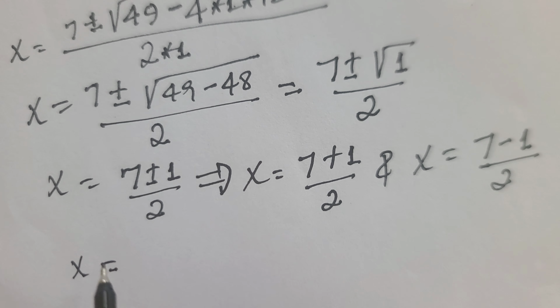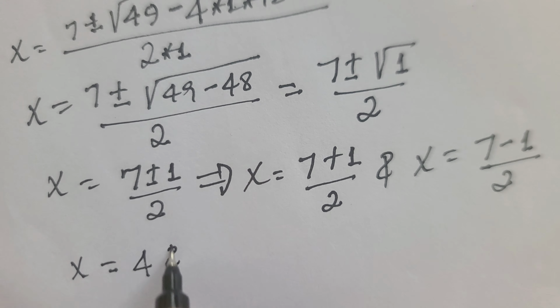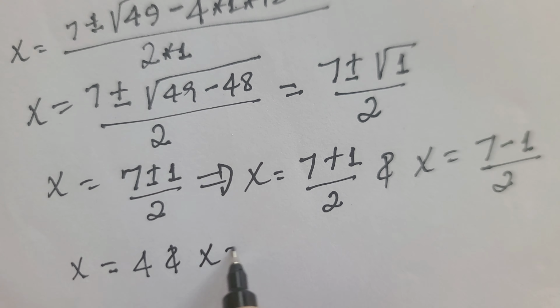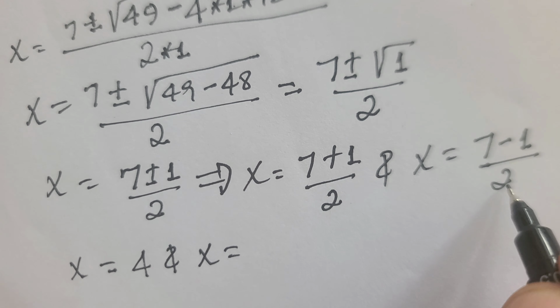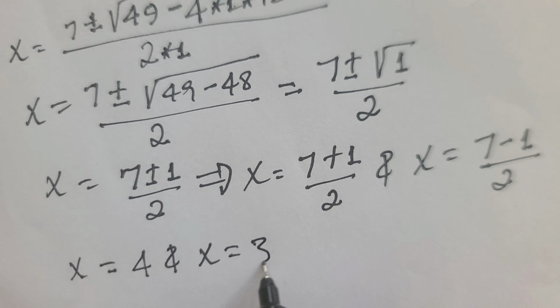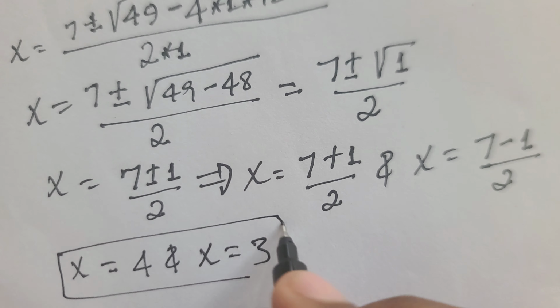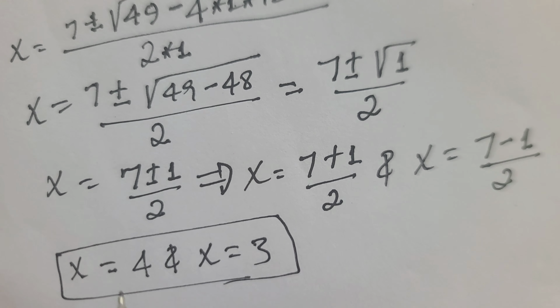Therefore, x equals 7 plus 1 over 2, 8 over 2, which is 4, and x equals 7 minus 1 over 2, 6 over 2, which is 3. Again, the values of x become 3 and 4.